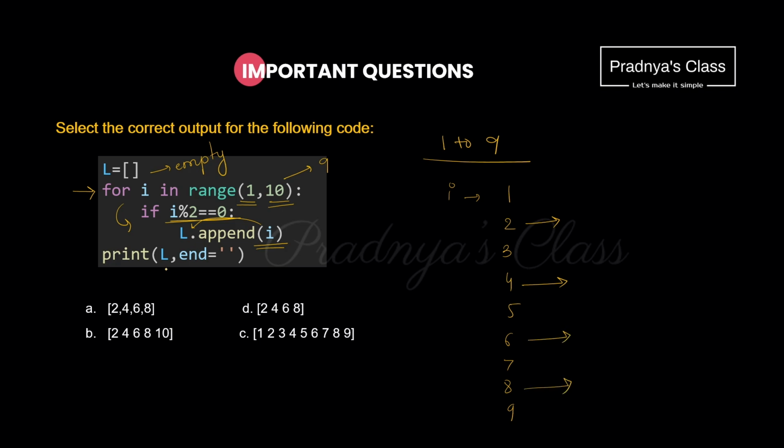After coming out of the for loop, we are printing the list. You know which elements are in the list. Ultimately, we know the correct option is A. If we look at the other options, the comma is not mentioned, but we know the list elements are separated by comma, and using the end parameter, we are suppressing \n, so it will get printed in the same line.